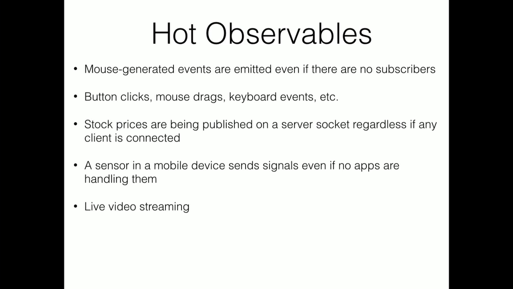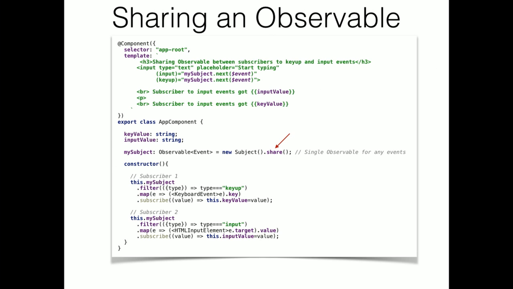So on this slide, I show you how easy it is to have an observable in Angular, actually in Rx as well, and share an observable with multiple subscribers. Subject, remember I said a subject is at the same time an observer and an observable.